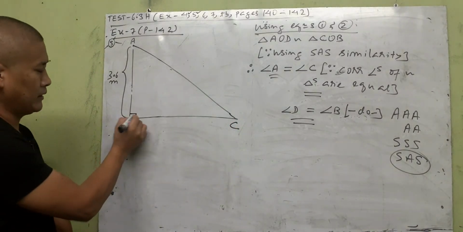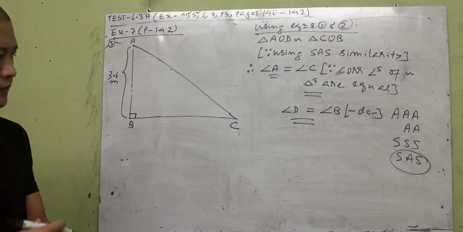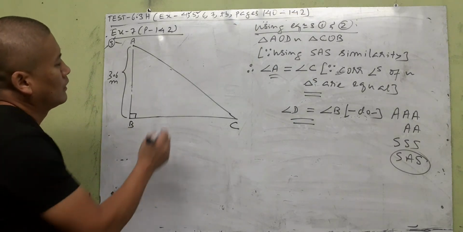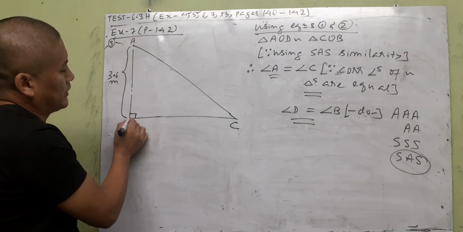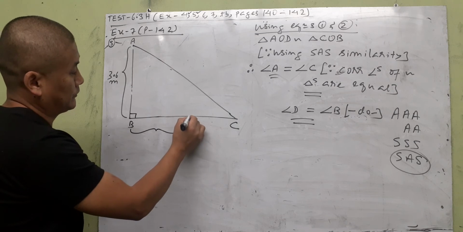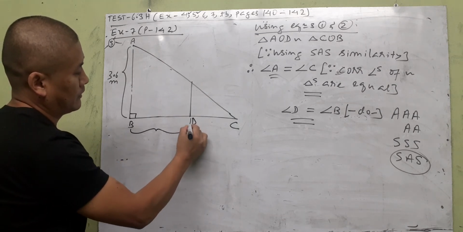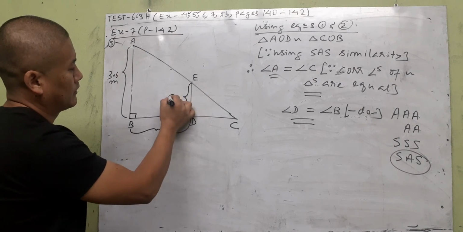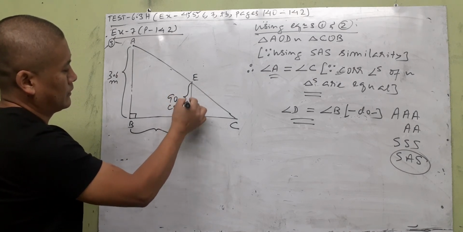We know this will be 90 because lamp posts are always put perpendicular to the ground. Now, the girl start walking from here and after 4 seconds, reach here, let us say, D, E. So the height of the girl is, question is saying 90 centimeter.